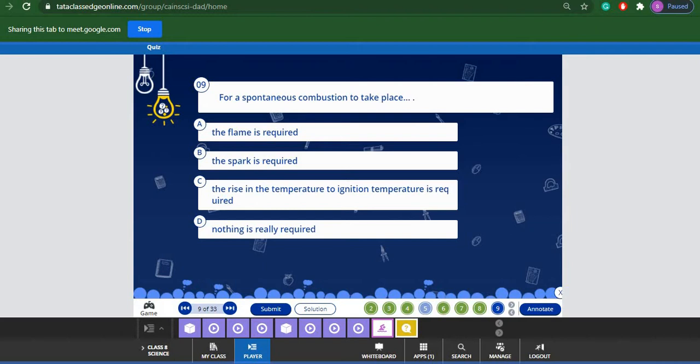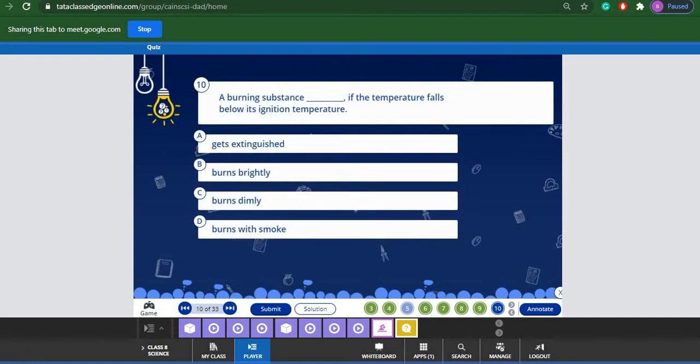Sir, C. How many of you agree with Vedant and Lisa? I think option C. Mania, do you agree with them? Yes, sir. Okay. Very good. Now this one.